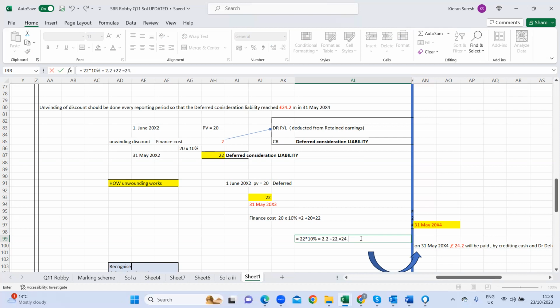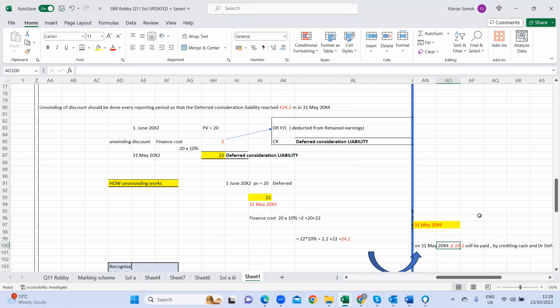It will become 24.2. That means when I reach 31st of May 2014, the figure should appear exactly the same as the liability figure, right?